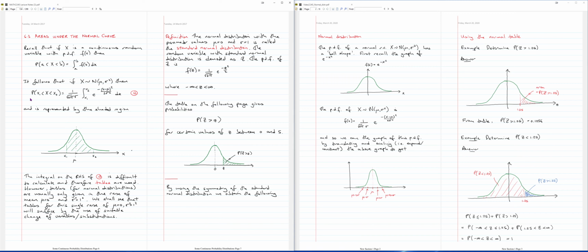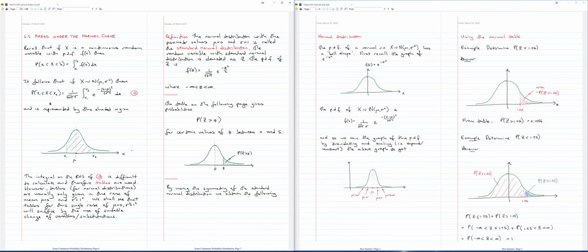If you're going to do it directly like this, and you wanted the probability of your random variable taking values between x1 and x2, you need to work out this integral here.